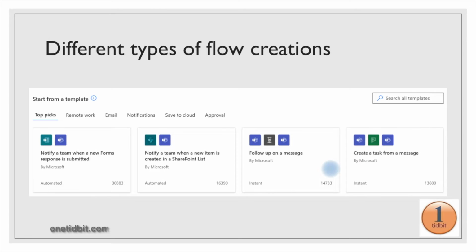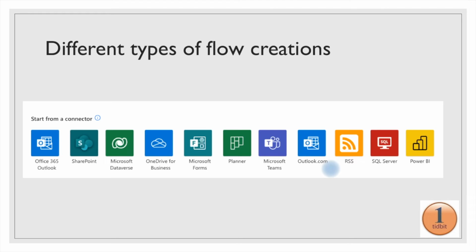If you want to create the flow from a template, you can also use the templates available in Microsoft Power Automate. You can pick one of these categories and create the flow. You can also start the flow from a connector. Suppose you want to create something for SharePoint, you can pick SharePoint and check what actions and triggers are available there.